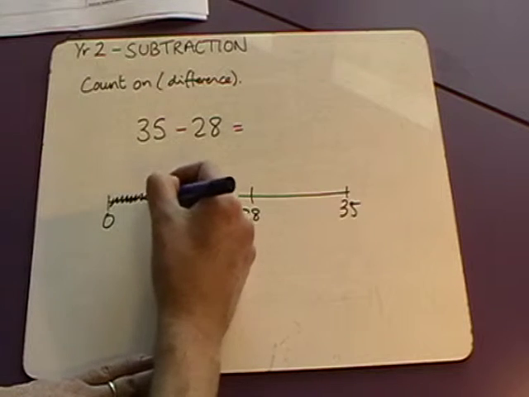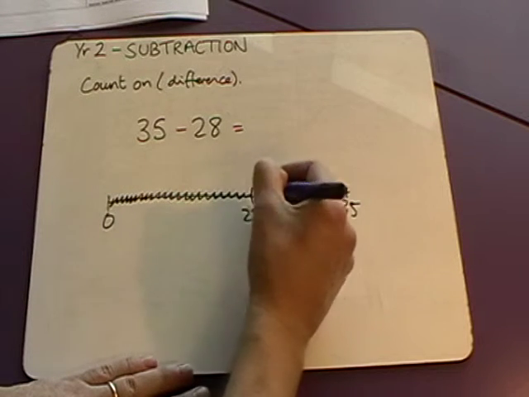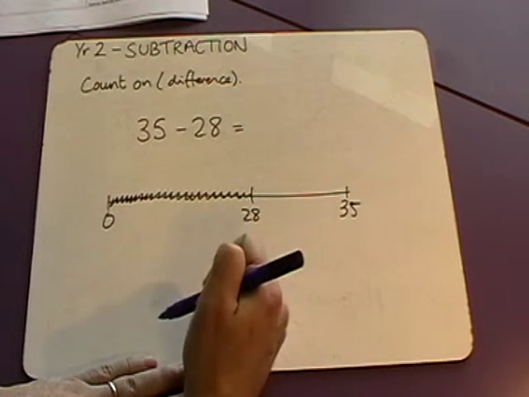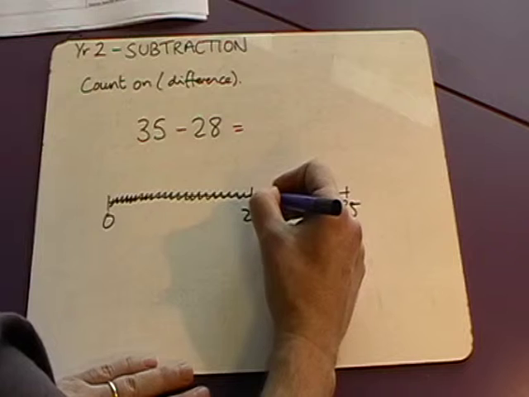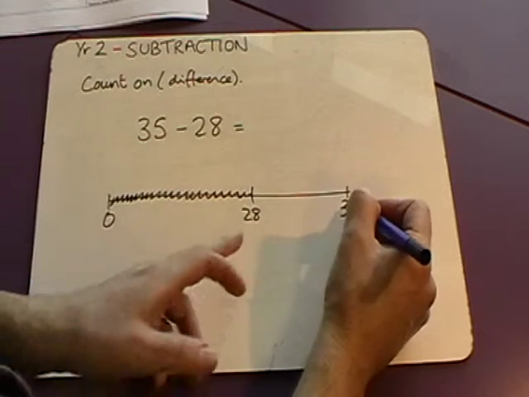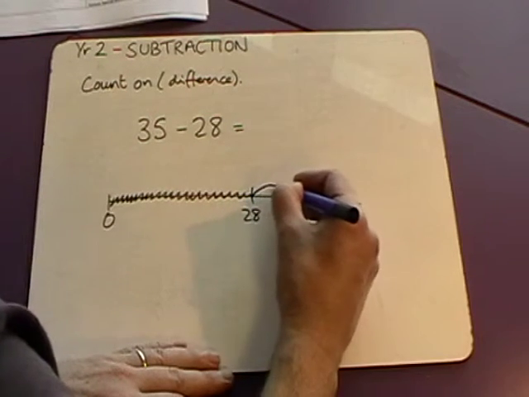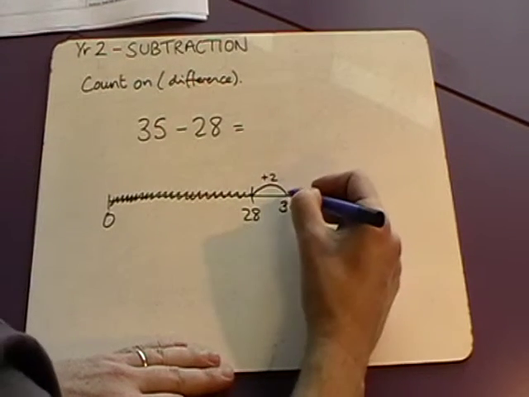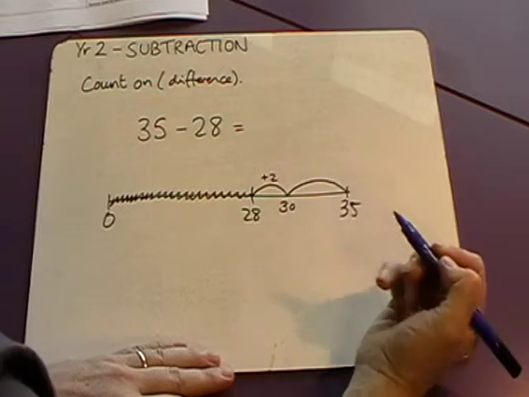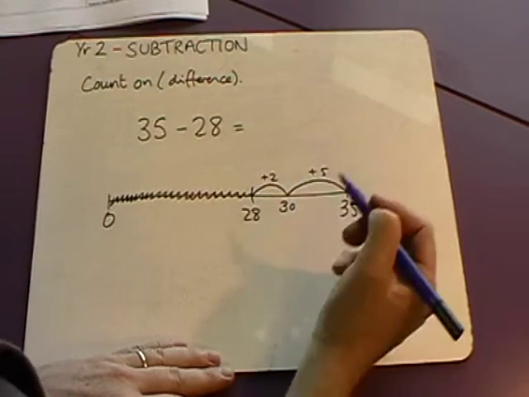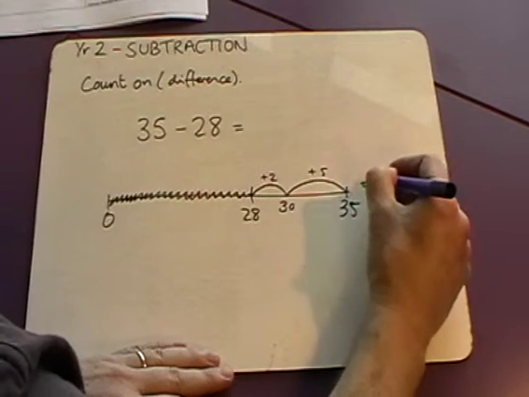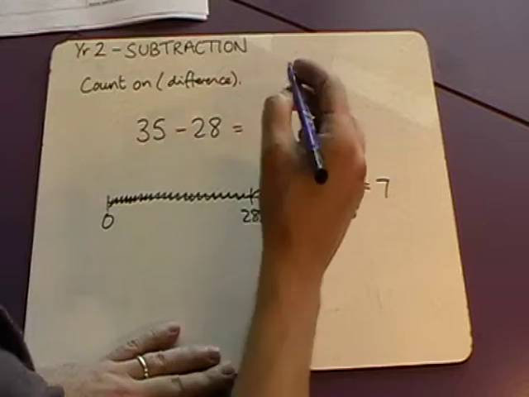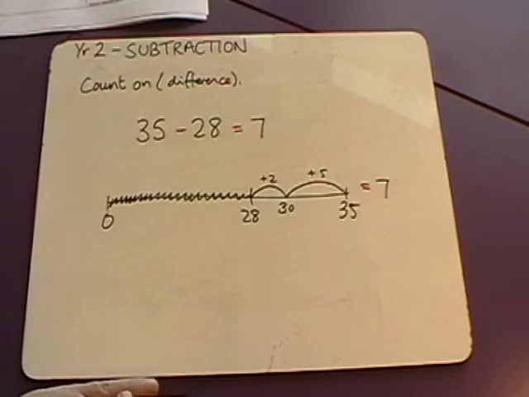These 28 sweets have been eaten, and so the number of sweets left are these from 28 up to 35. And again, we could count onwards from 28 up to 35 to find the difference between those 2 numbers, and we do that by counting up to the next 10, counting up 2, and then counting up from 30 to 35, which is 5, and that would show us that the difference between those 2 numbers is 7, or that 35 subtract 28 is 7.